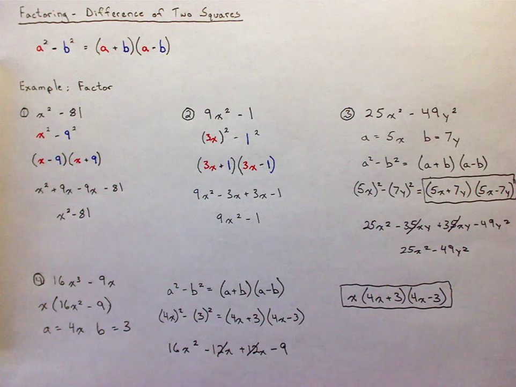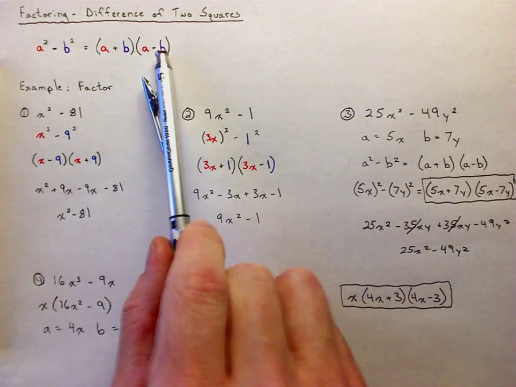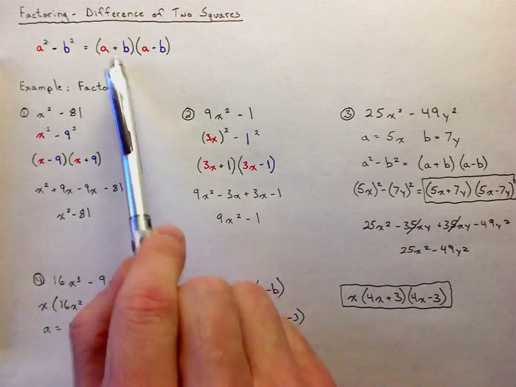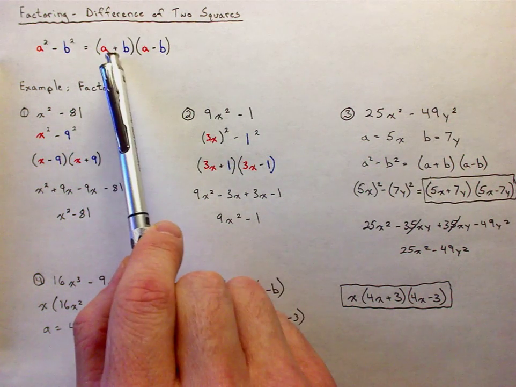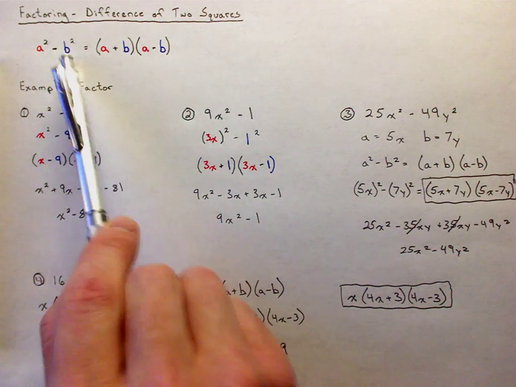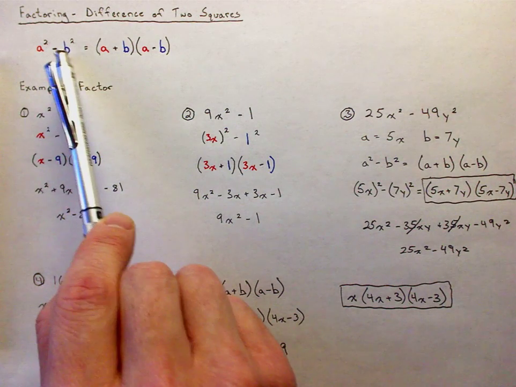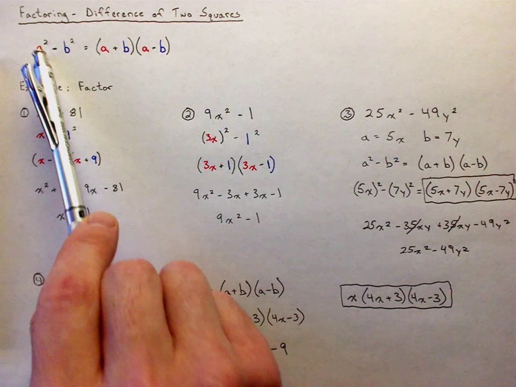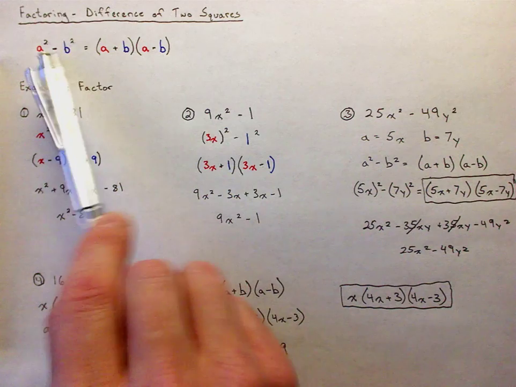So please critically think about what you're doing. Make sure you memorize the formula and understand how this actually works, that the opposite signs cancel the middle term of that trinomial. These won't generally be written as a squared and b squared.